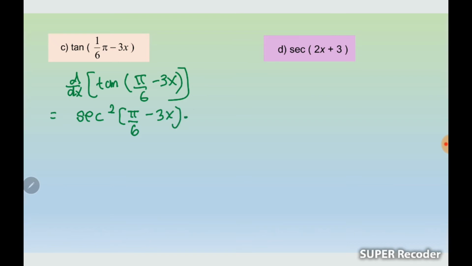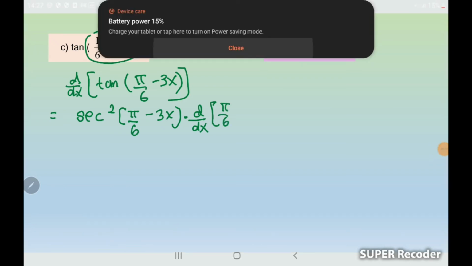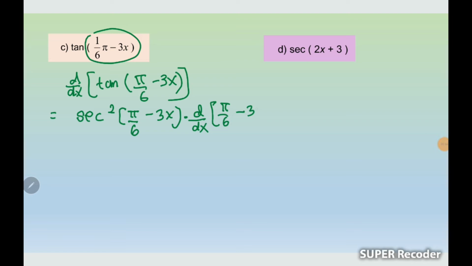Okay, remember you haven't finished yet. You have to differentiate u, the inner part here. So differentiate pi over 6 minus 3x. So the answer is secant squared(pi over 6 minus 3x).